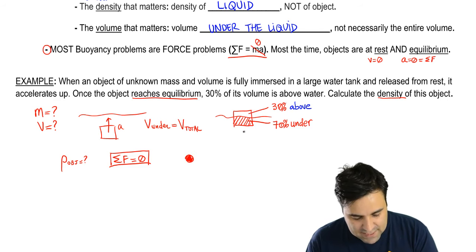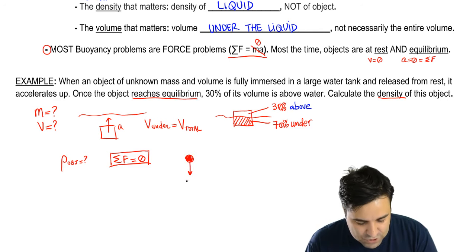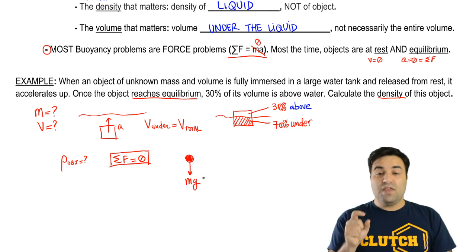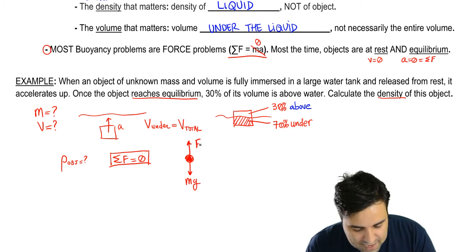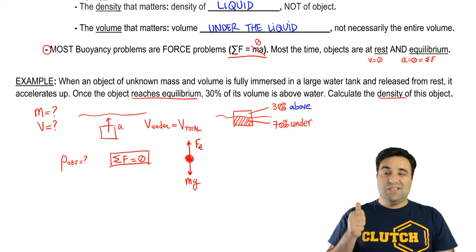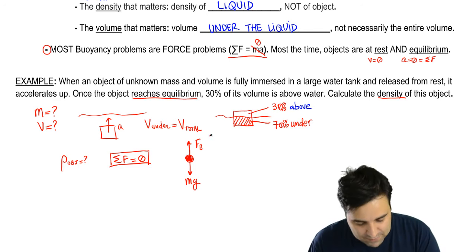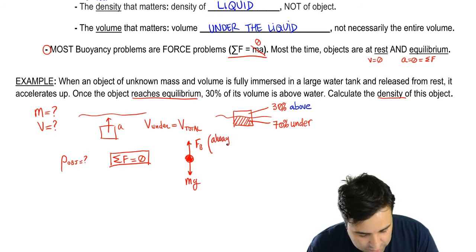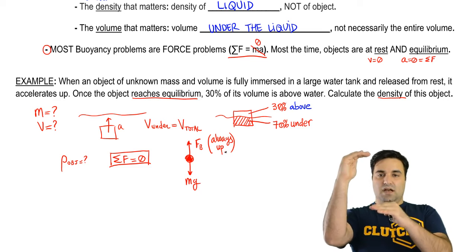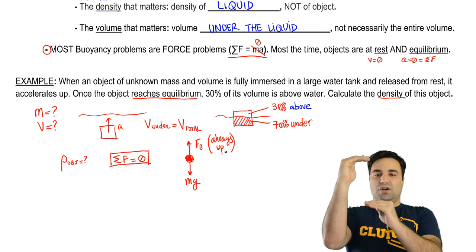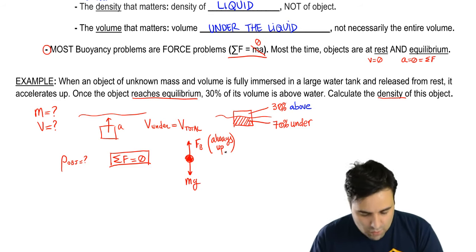Well, this object is here, so there has to be an mg pulling it down. And the new thing here is that because it's under a liquid, it's going to be pushed up by a buoyant force. And FB is always going to be up, because the density down here is stronger as you go lower. Cool.